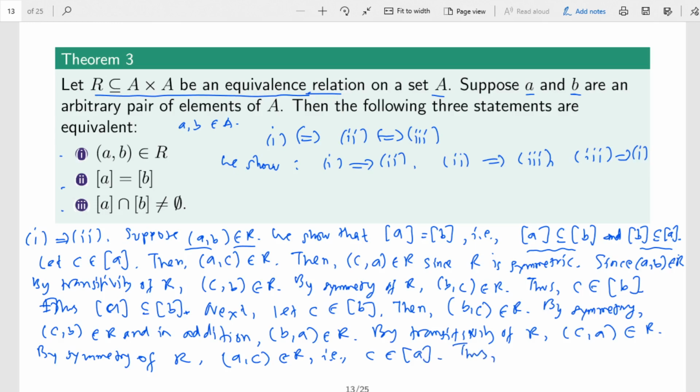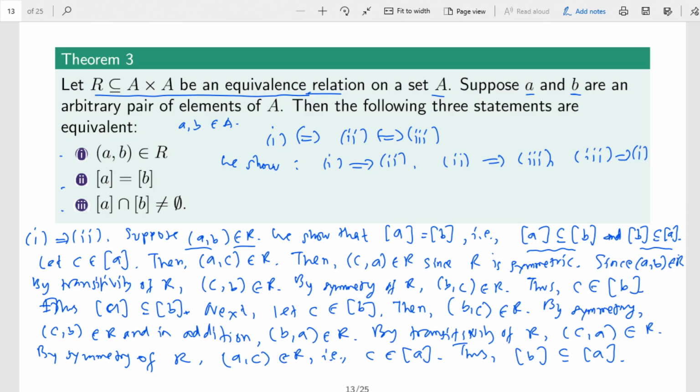Thus the equivalence class of b is a subset of the equivalence class of a, as required. So we've shown that the equivalence class of a is the same as the equivalence class of b.